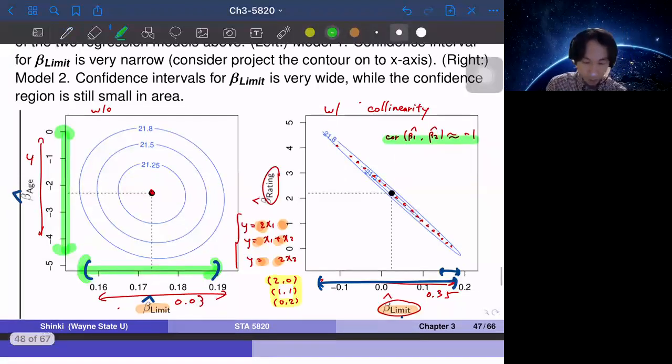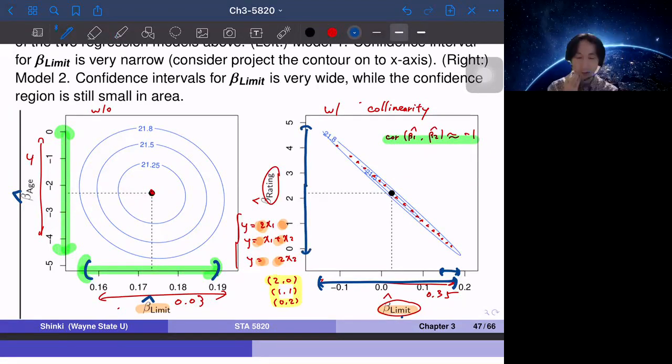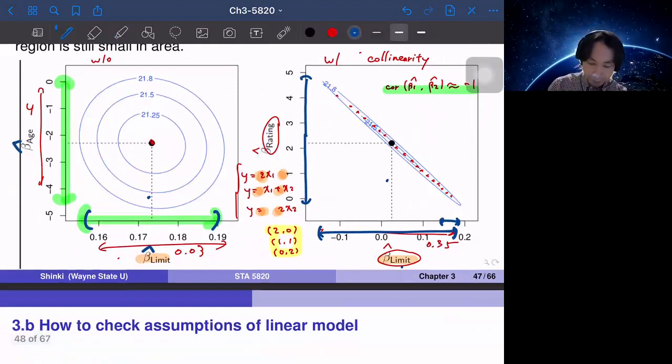Usually we only see one-dimensional information, just the standard error of beta hat limit or of beta hat rating, so it sounds very large. But what is actually happening is here and here: the two parameters are highly correlated.